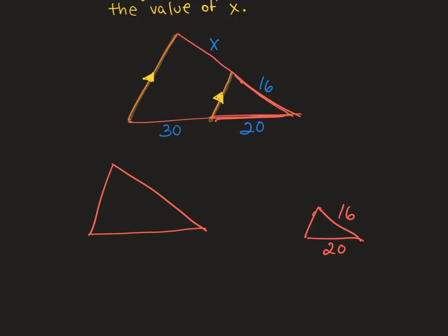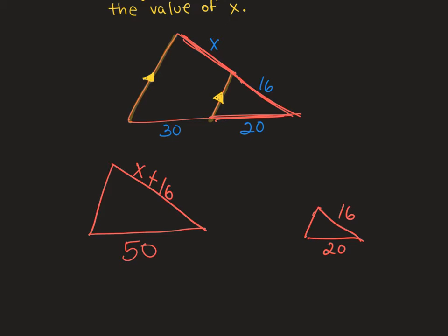And the bigger triangle is going to be x plus 16, right? Because whatever value this is, you add it to the other, and that's what you get for the entirety of it. And same thing for the bottom. Bottom is going to be 30 plus 20, which is 50.